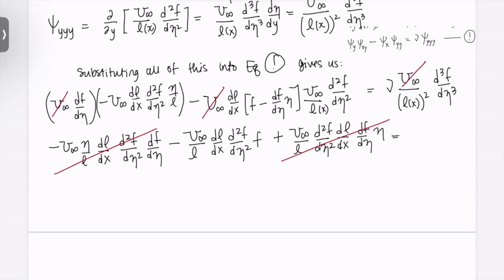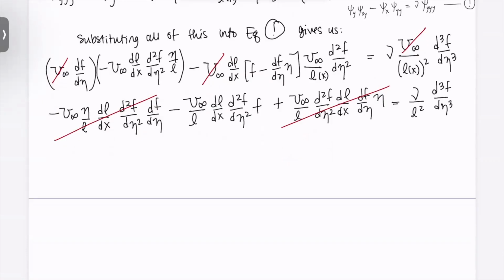And then let's not forget the right-hand side. So we have nu, just the one time, over L squared times the third derivative of f with respect to eta. All right.